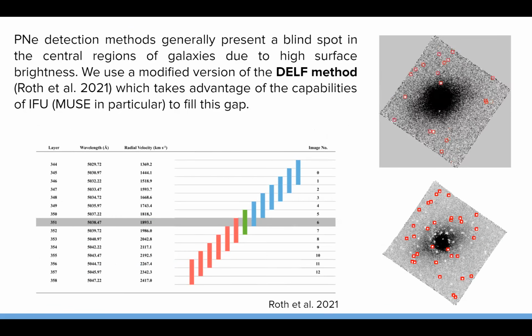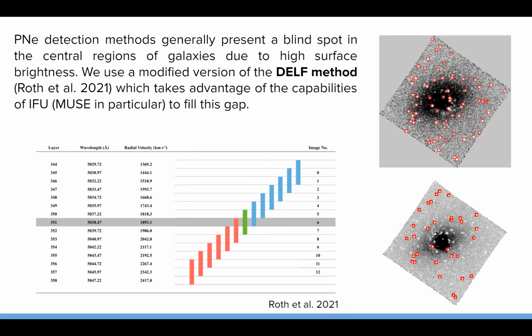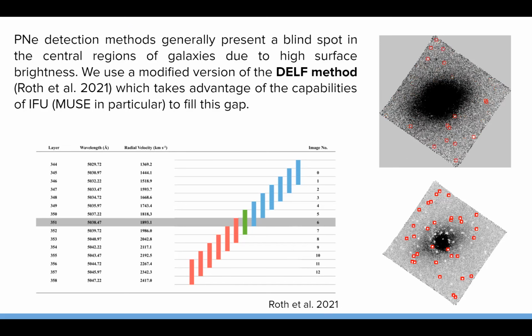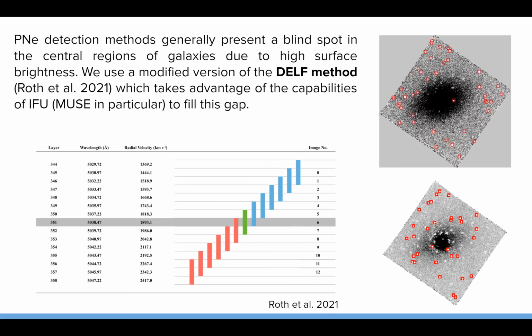That's why what we are doing is using a modified version of a method that was developed by Roth and collaborators last year, which rather than using the classical methods that we saw before, uses IFU, in particular we're both using MUSE data. And the idea is that MUSE gives us data cubes, and because we have a data cube, we can build whatever filter we want. We can just choose a wavelength range, choose a filter transmission function, build our own filter and get an image from that filter.